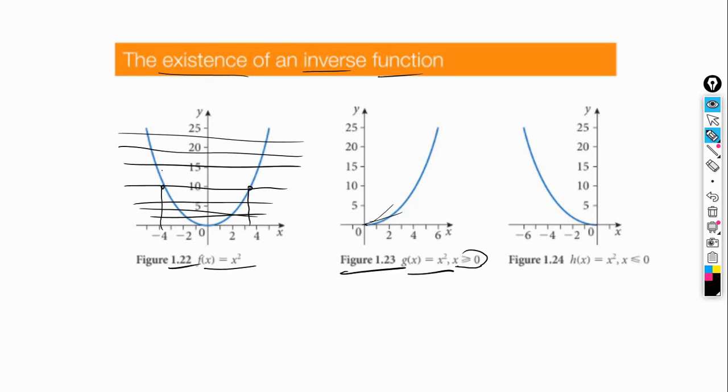Now, you can also do the opposite, meaning that you can also limit the domain to x values that are less than or equal to 0 for another function. Let's say h of x equals x squared, as you can see in figure 1.24. So this one would be the same half of the parabola, but this time you're going left and always up, right? Because even if you square negative numbers, they're going to go up. The fact that negative numbers become positive when you square them is the reason why this is a many-to-one function.